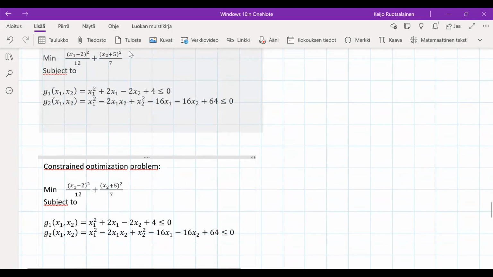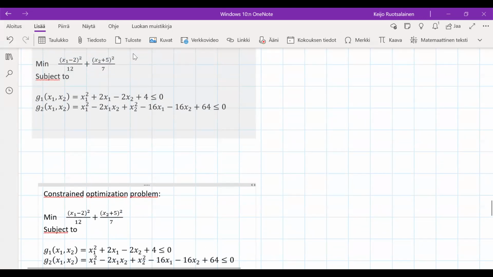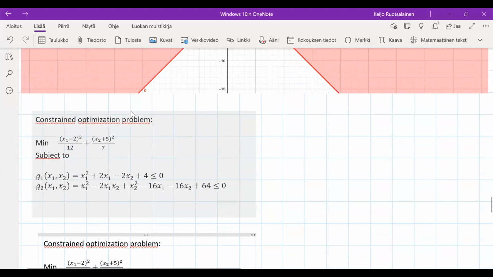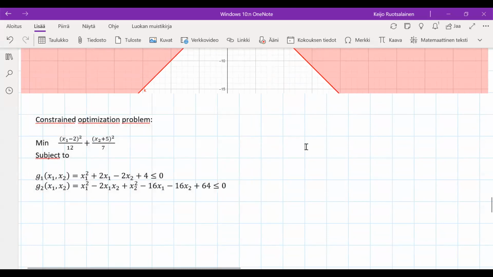And then we take a constraint optimization problem. So I take a quadratic cost function. The level sets of these functions are ellipsoids.